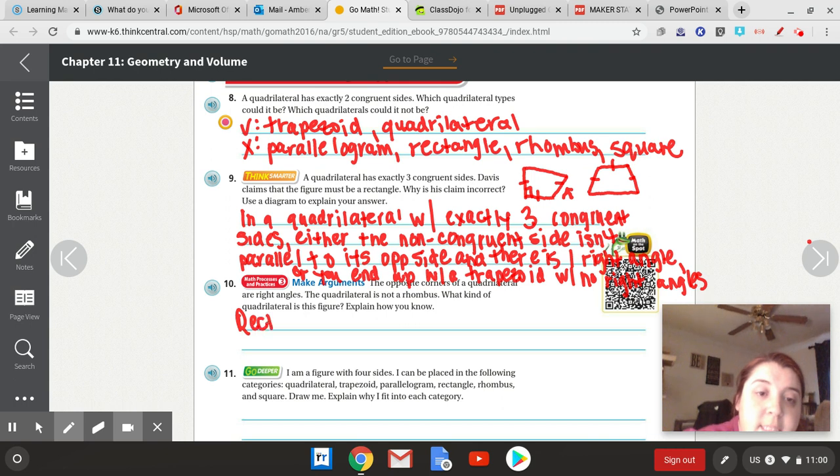All right, that is a rectangle. How do I know this?